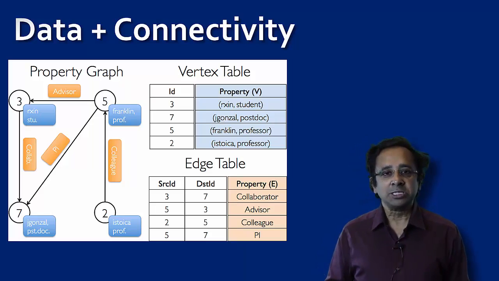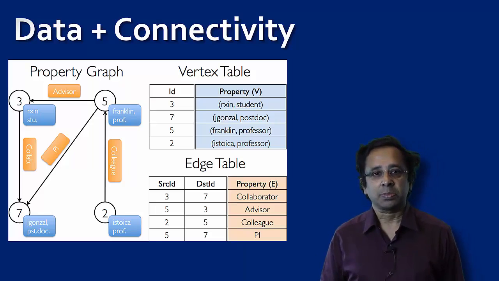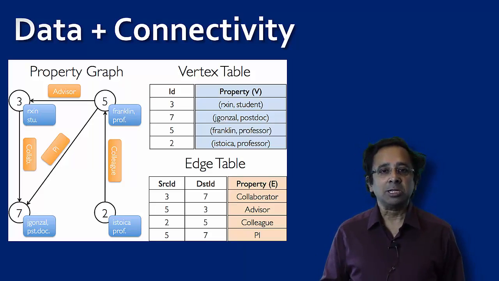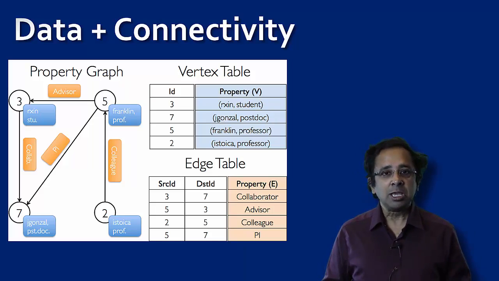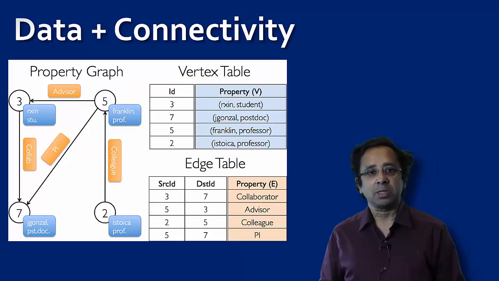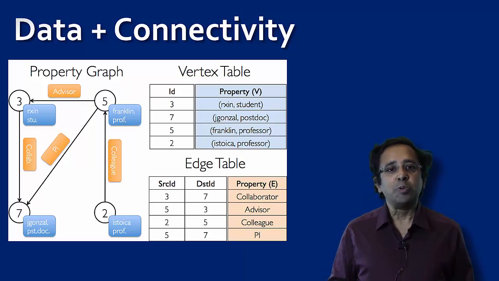One way to look at this data is shown in the figure, borrowed from the Apache Spark system. In this representation, the graph on the left is represented by two tables on the right. The vertex or node table gives IDs to nodes and lists their properties. The edge table has two parts.